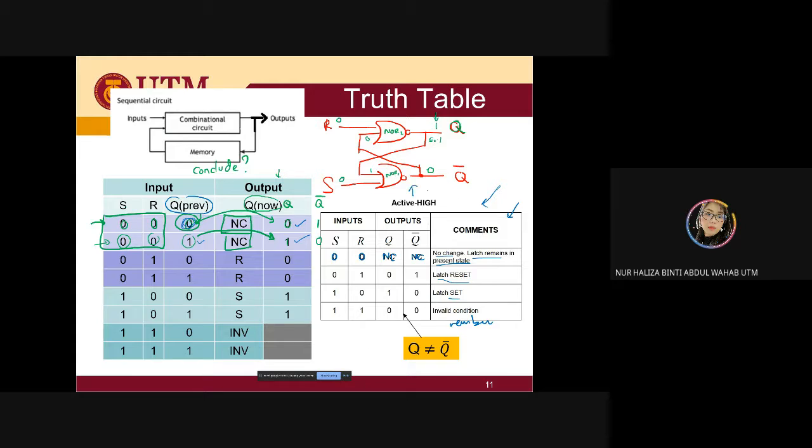So here is the explanation why you get this active high table like this. Later on for active low, you try it by yourself. You can fit it in your simulator if you don't want to or are too lazy to do it one by one. But I need to show you so that you can understand.